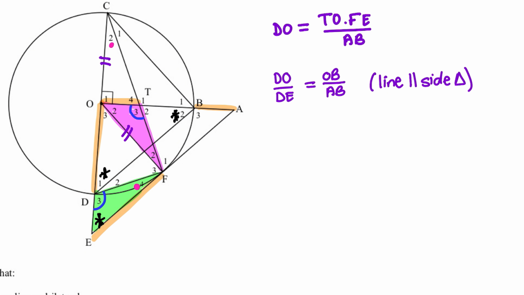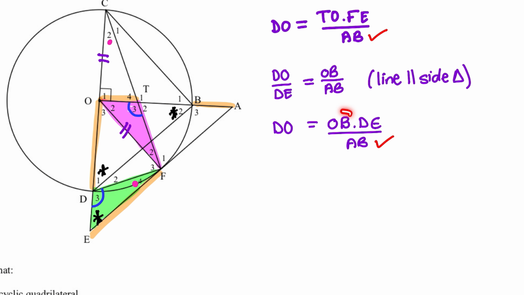So can you see that DO can be written as OB times DE over AB? So we already have the denominator of AB. Next, I'm trying to find a way to connect TO to either OB or DE and FE to either OB or DE. Now I am mindful that this might turn into a ratio as well.